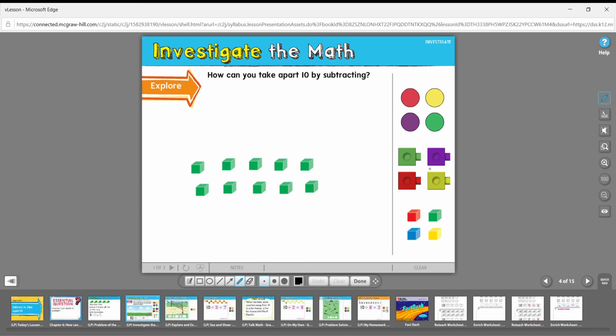Okay, what's another way? How about 10 minus, how many did I X out? 2 equals what? 1, 2, 3, 4, 5, 6, 7, 8. 10 minus 2 equals 8. Is there another way?